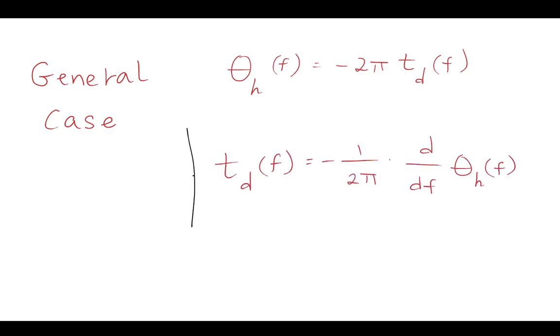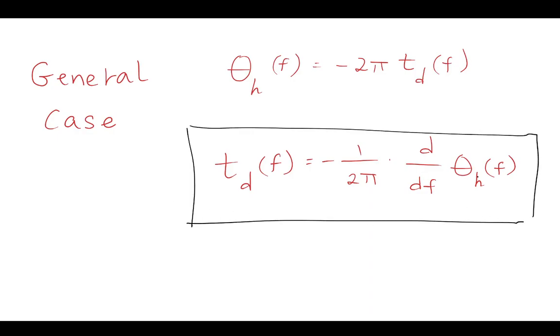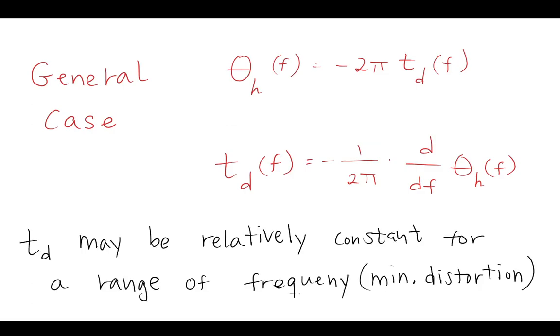We can write here in the general case that our time delay as a function of frequency is related to the derivative of the phase response. We'll see how this is important as we look to the future and try to determine how we can make distortionless communication channels, even if they're all pass, or how we can find a set of frequencies or part of a frequency range that might minimize distortion in our channel.